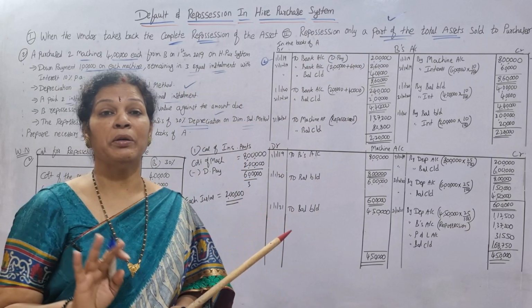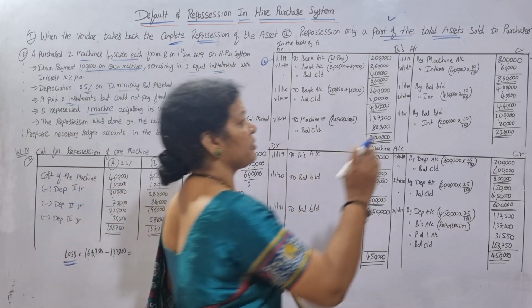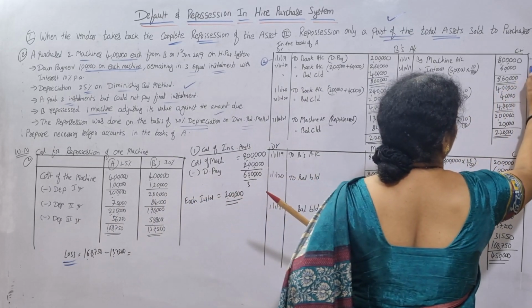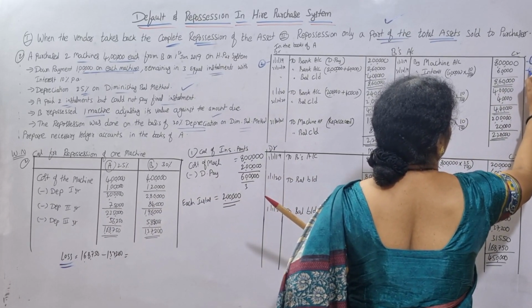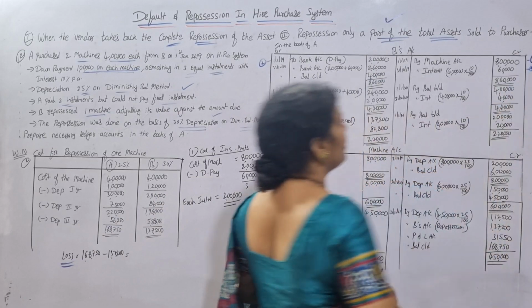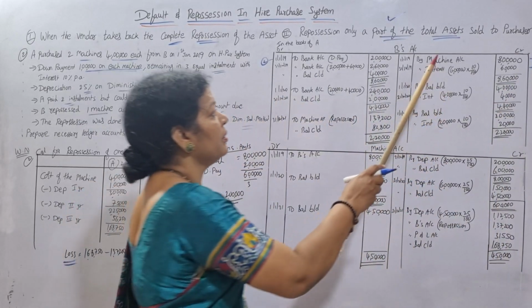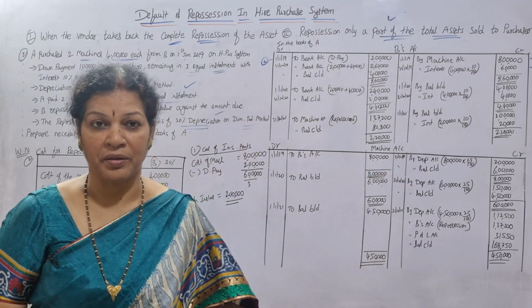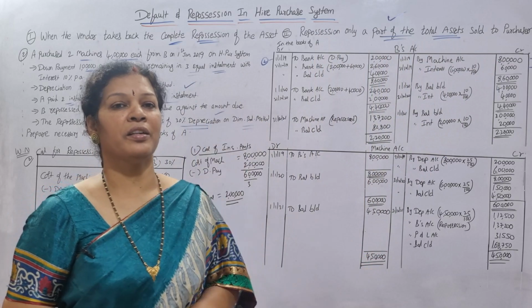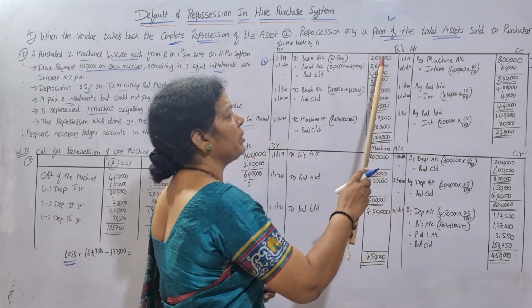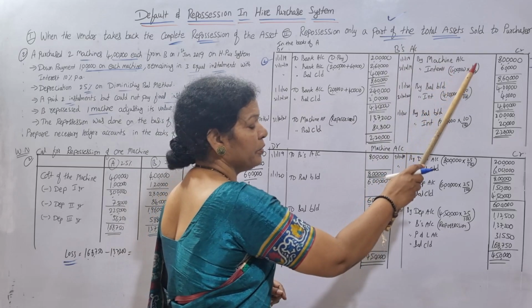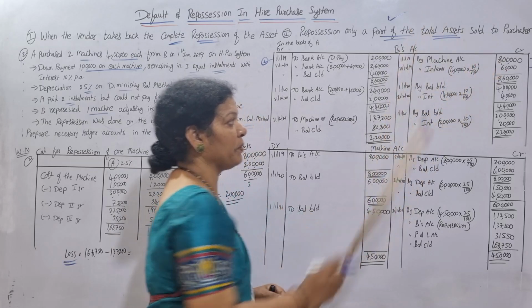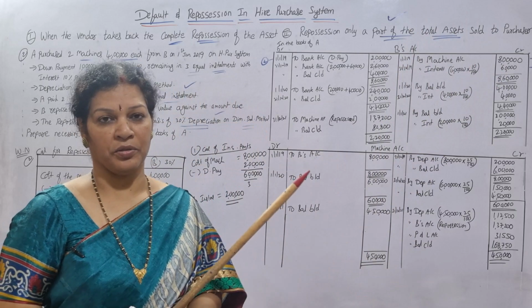Now the third entry will always be interest. Interest on 8 lakh minus 2 lakh, as down payment is already done. Deduct it, then calculate the interest. So 8 lakh minus 2 lakh comes to 6 lakh. 6 lakh into 10% interest, you got 60,000.